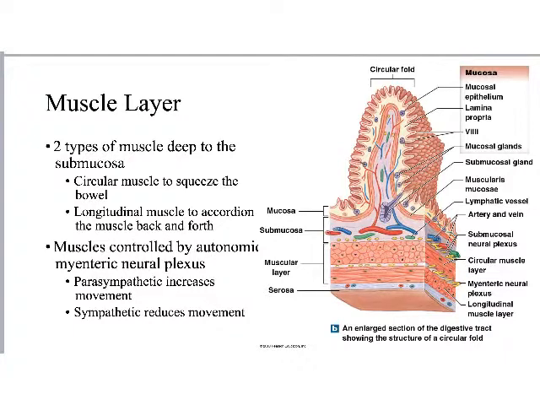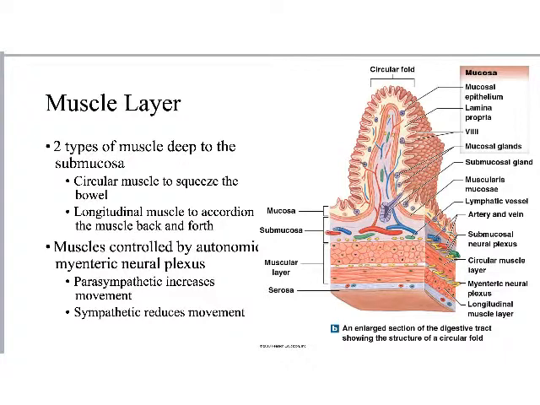Now this muscle is controlled by its own autonomic system. So we've talked about the sympathetic and the parasympathetic system, and they are still active here at the gut, but the gut also has its own autonomic system called the enteric nervous system. And again, we may get into that in physiology.